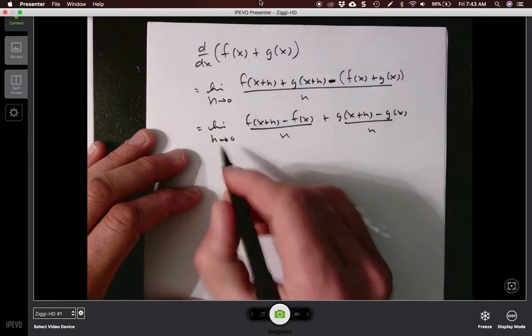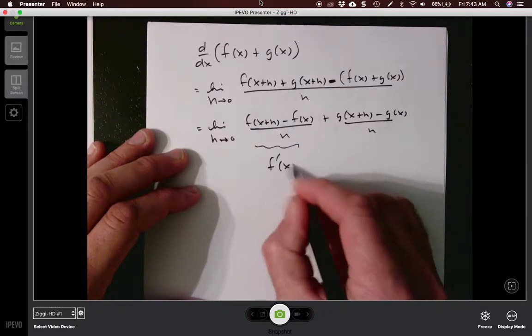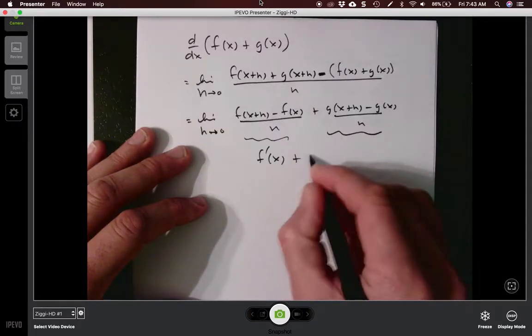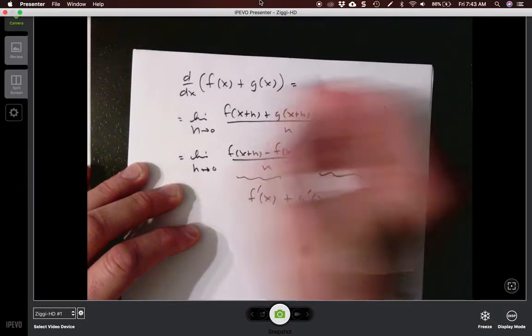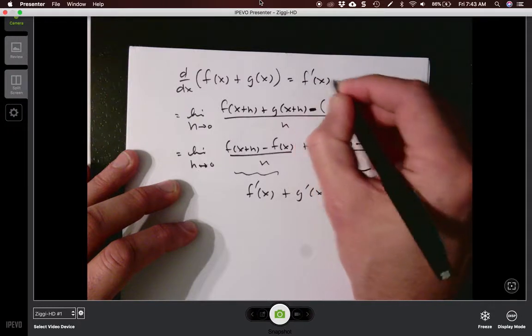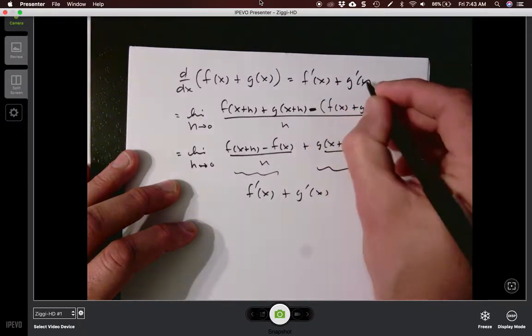If you look at this expression, the limit as h goes to 0 of this is just the derivative of f, and as h goes to 0, this is really just the derivative of g. So when you take the derivative of a sum, all you do is take the derivative of f and add to it the derivative of g.